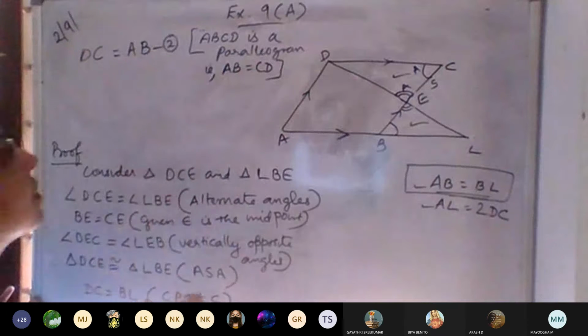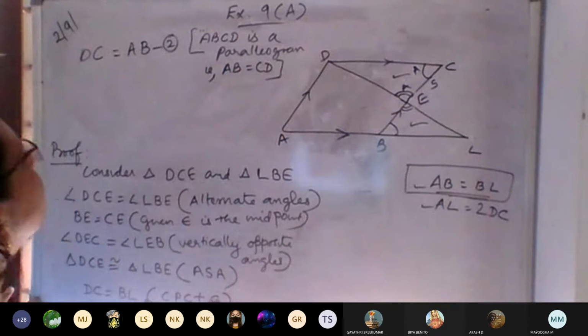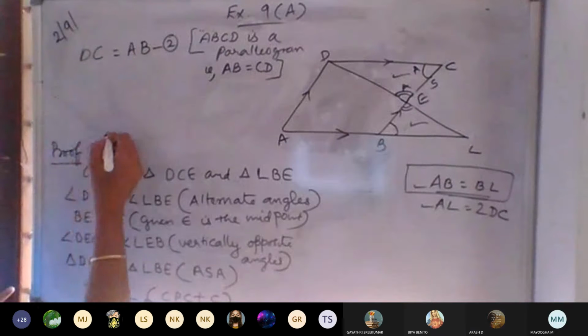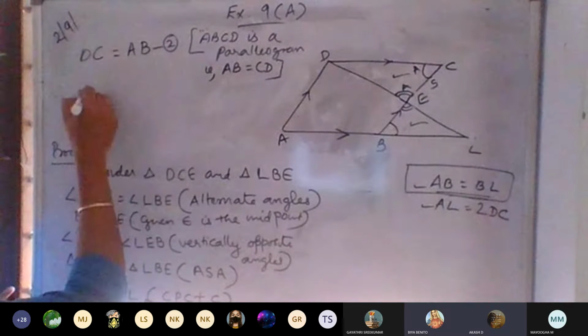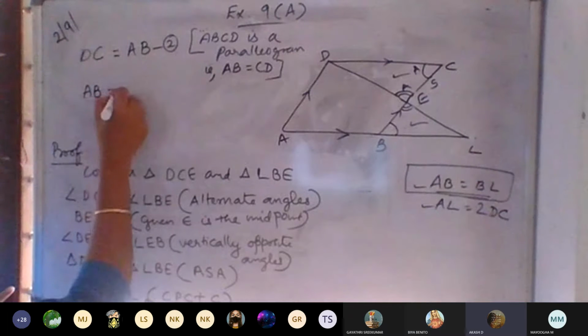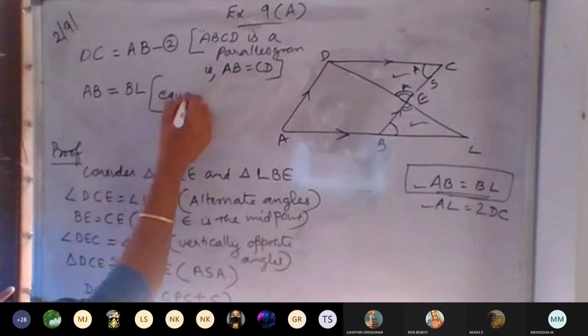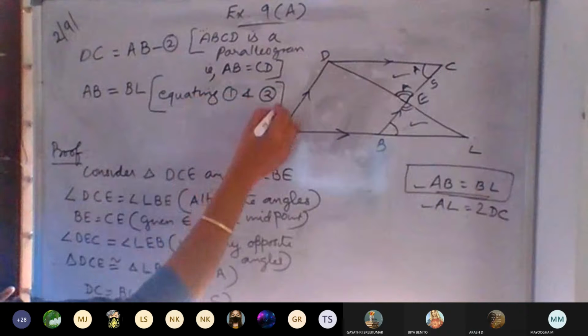Parallelogram means opposite sides are parallel and equal. So AB we can write as CD. Equating 1 and 2, we can directly write therefore AB is equal to BL.